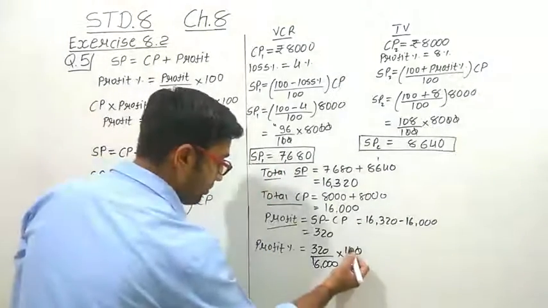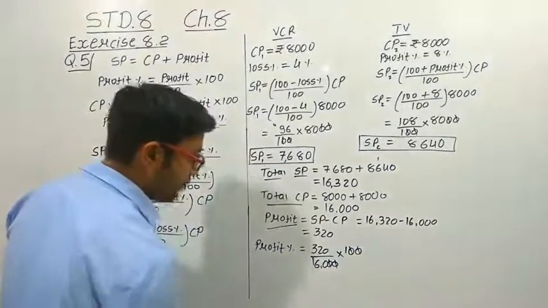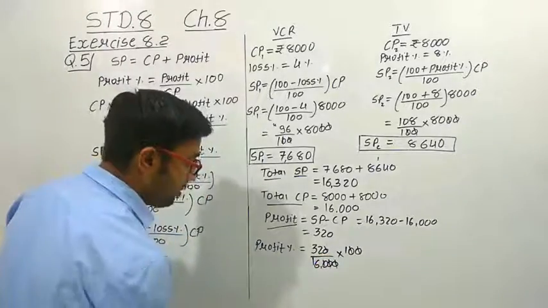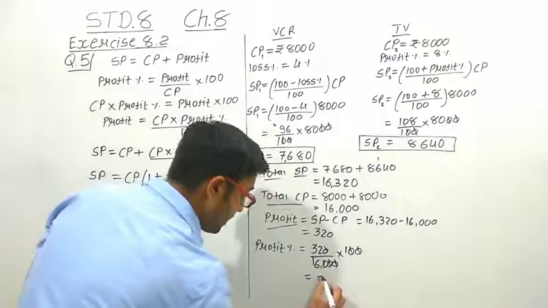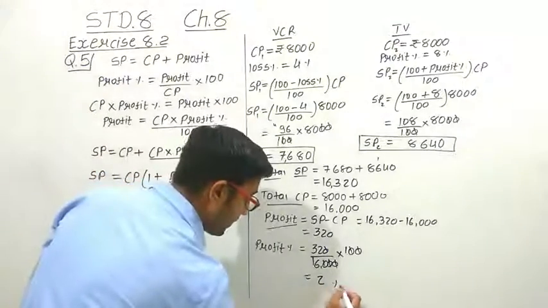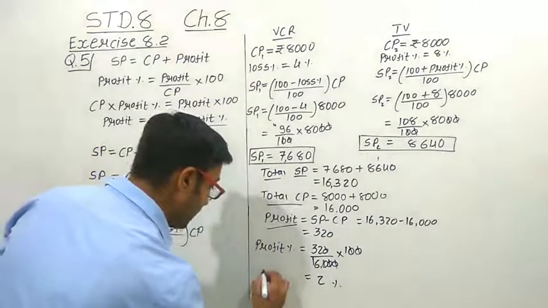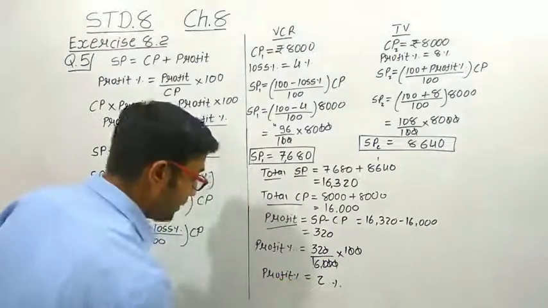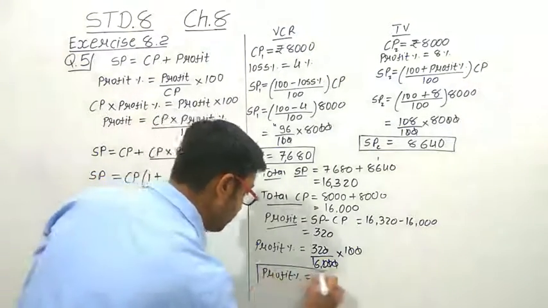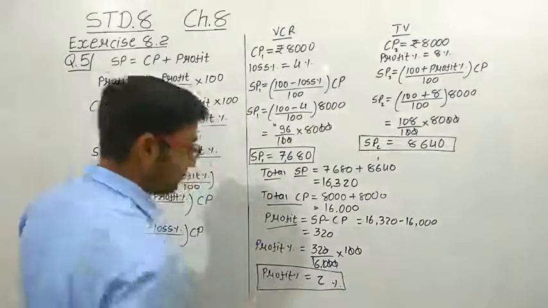So when we cut this 0 with this 0, two zeros are cancelled out. Here also 1 zero will cut out. Okay, 16 and 32. So 32 divided by 16 is equal to 2, and that we get as a percentage. So the profit percentage we get here is equal to 2%.